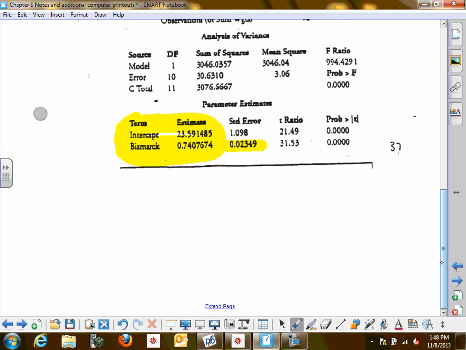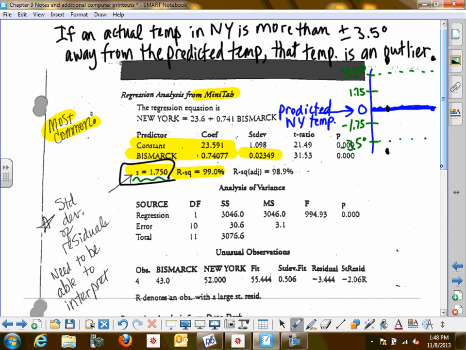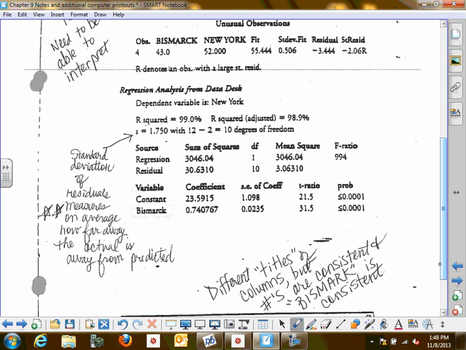All right, let's do the last computer printout, which is called Data Desk. How and when and where do we find these? These are computer programs that you will be presented with printouts of in this course, so you need to be able to identify the information.